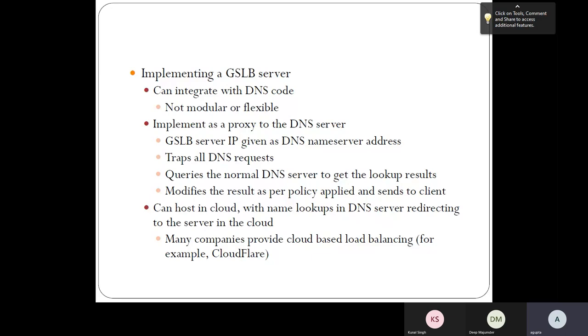So you can implement it as a proxy. Meaning that the server IP is given as the DNS name server IP. So the name server that Google advertises is not really a normal name server. It's a special server that Google puts. You think it's the DNS server, but that's what Google has advertised as a DNS server.